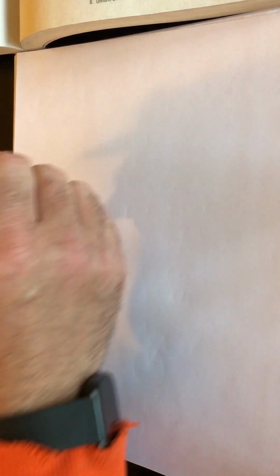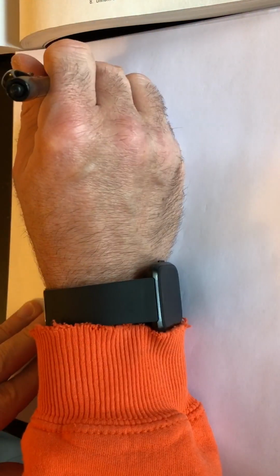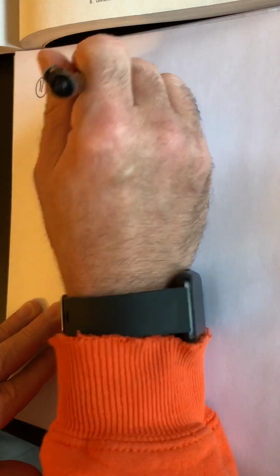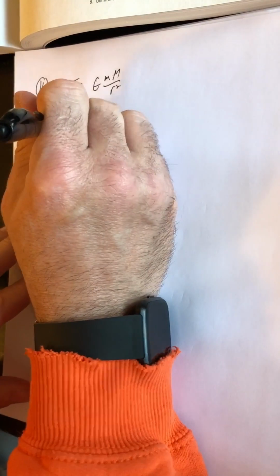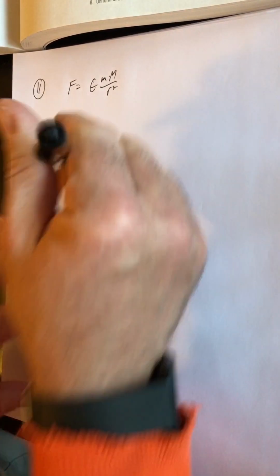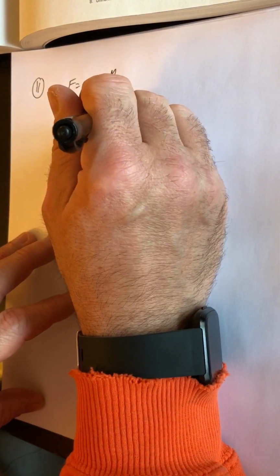So, problem 11. In 11, right, so force is G m over r squared, right? And gravitational acceleration is G m over r squared, right?